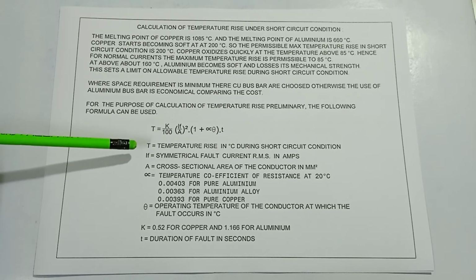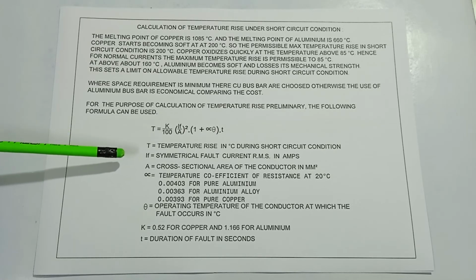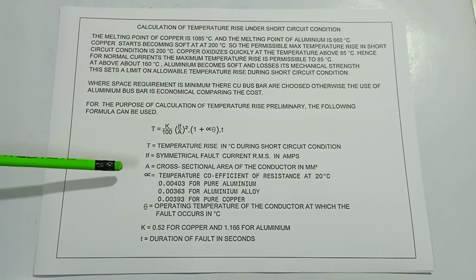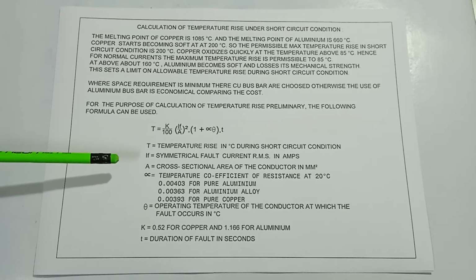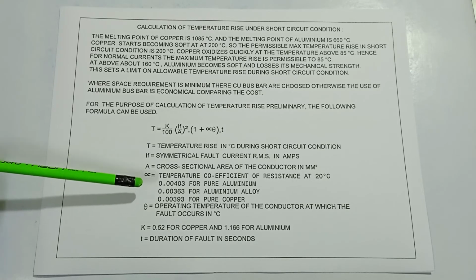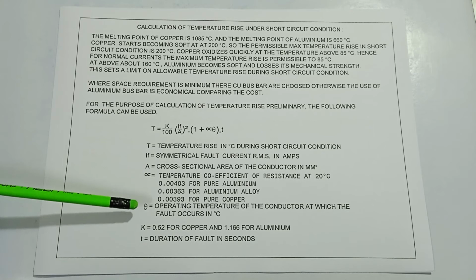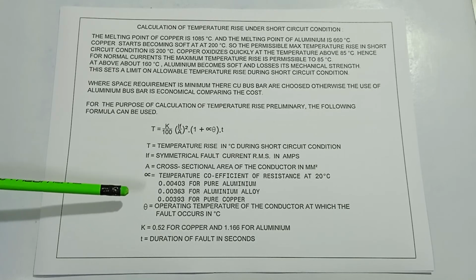Capital T is equal to temperature rise in degree centigrade during short circuit condition. IF, symmetrical fault current in RMS in amperes. A, cross-sectional area of the conductor in millimeter square. Alpha, temperature coefficient of resistance at 20 degrees centigrade: 0.00403 for pure aluminum, 0.00363 for aluminum alloy, 0.00393 for pure copper.